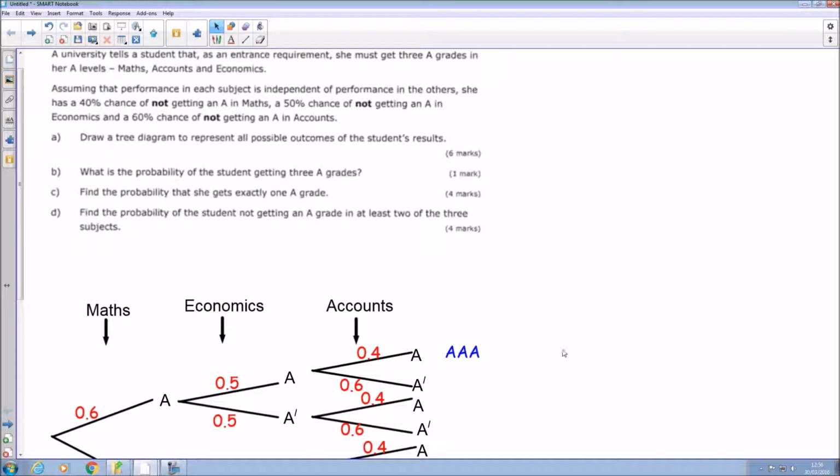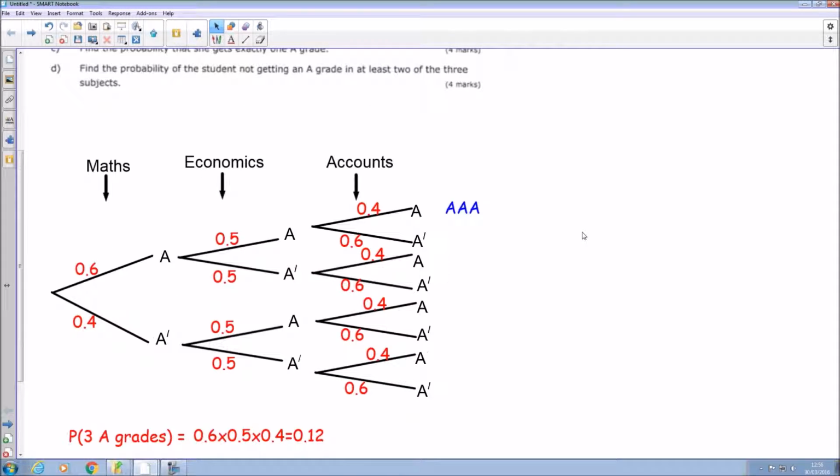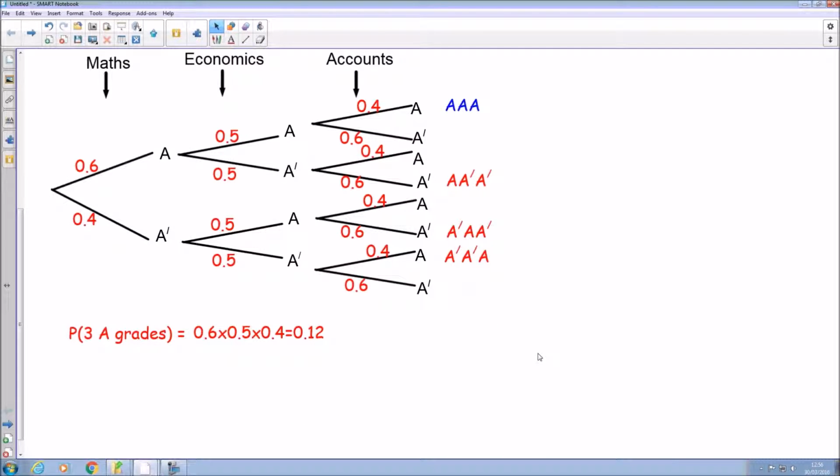Now we need to calculate the probability of getting exactly 1 A grade. In this case, there is more than one possibility: an A in maths, not an A in economics, not an A in accounts, not getting an A in maths, getting an A in economics and not getting an A in accounts, or finally not getting an A in maths, not getting an A in economics and getting an A in accounts.